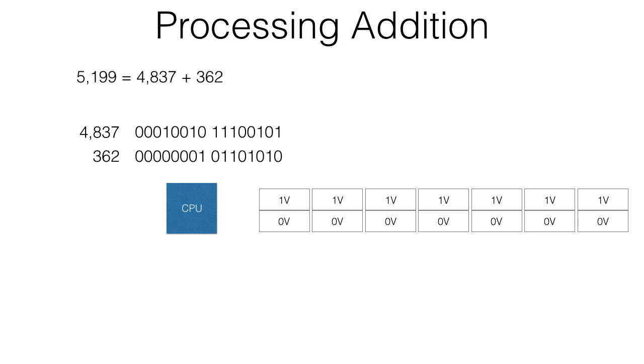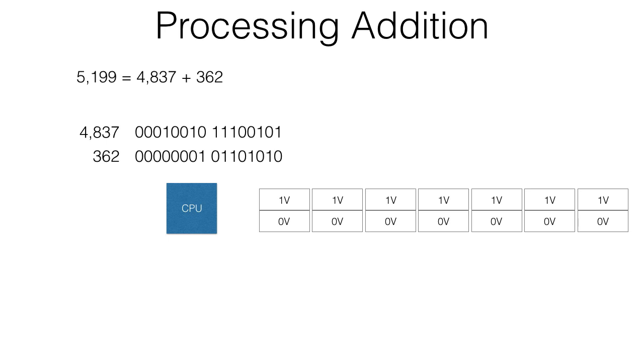Get used to hearing that word. So instead of dealing with this big, huge number, potentially much bigger than 4,837, instead of dealing with that on a voltage level, I can come down into a circuit, a digital circuit, and it's 0 or 1, 0, 1, 0, 1, 0, 1. And I put those together, and now I'm able to process my addition.